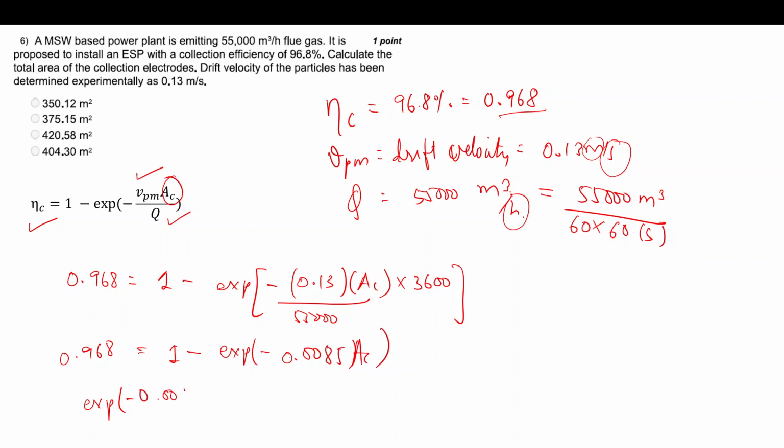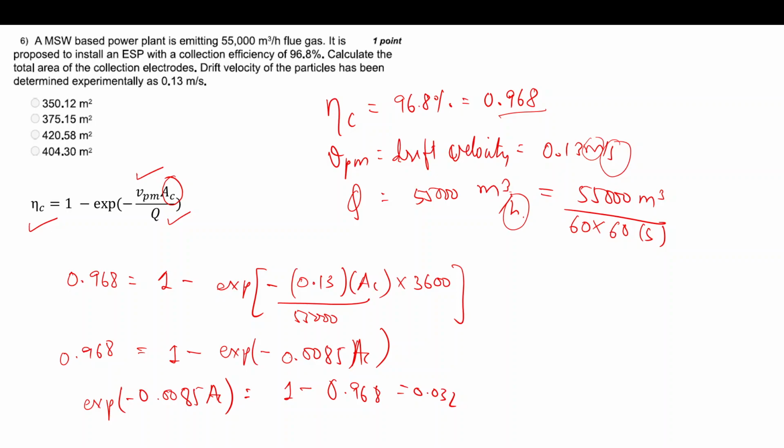So this is 1 minus 0.968, which is 0.032. Now, to remove the exponential, you need to take ln on both the sides.